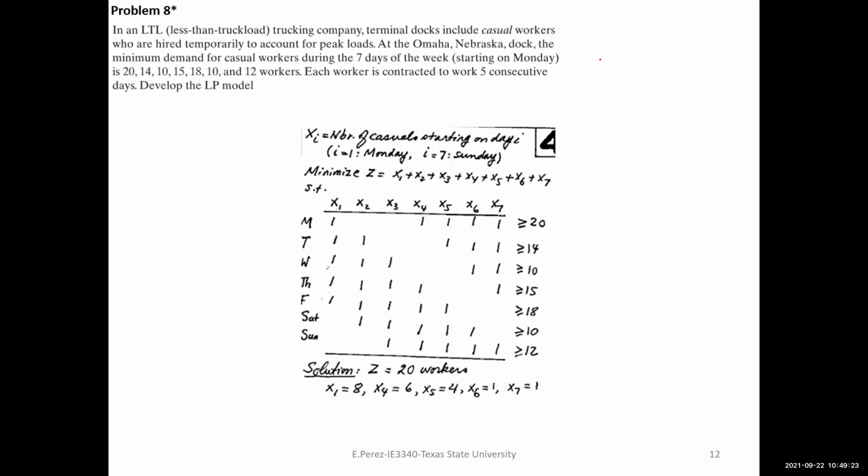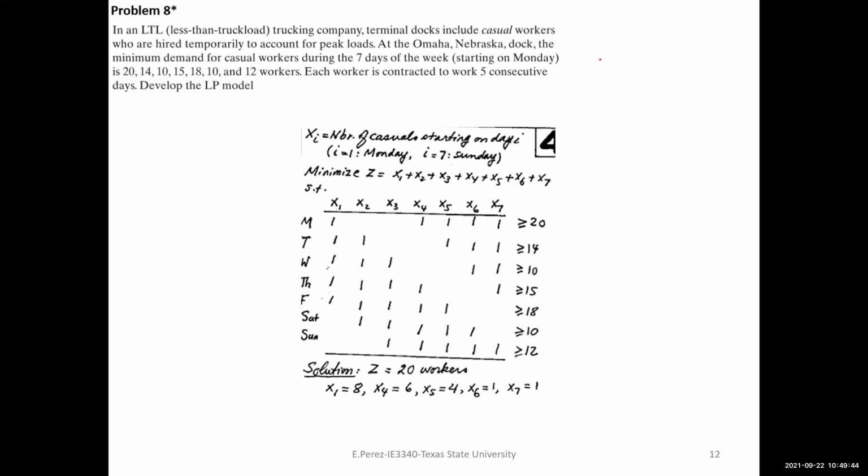If you invert this matrix, you will end up with the same order. What this is saying is, for X1, you're starting on Monday, so you're working Monday, Tuesday, Wednesday, Thursday, and Friday.